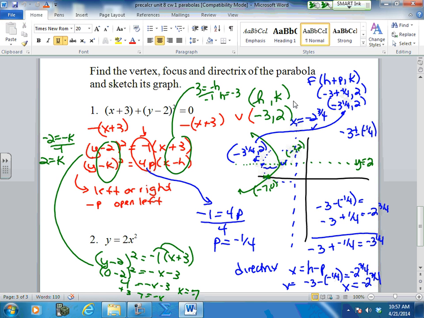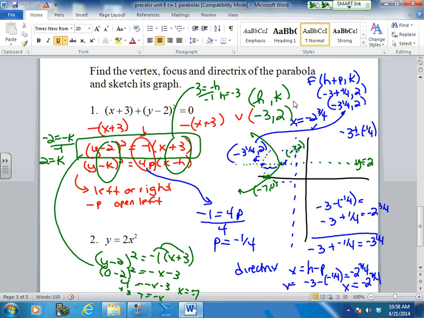If I put x of 0 in here, and I tried to take the square root of this number, it is not going to work for me, so it's not going to happen in this. I don't have a y-intercept for this one. Just an x-intercept.